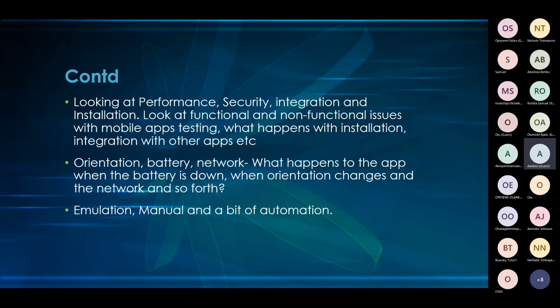These are the things we need to look at, and also the network aspect of it. How is the connectivity? When a customer wants to change from mobile data to Wi-Fi, how does it behave?